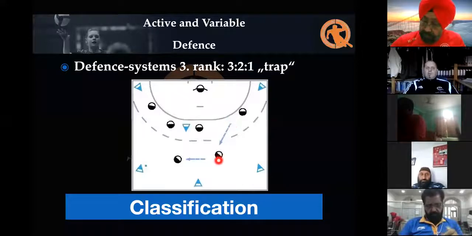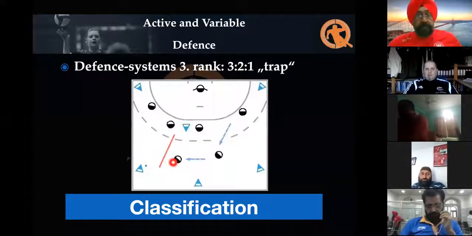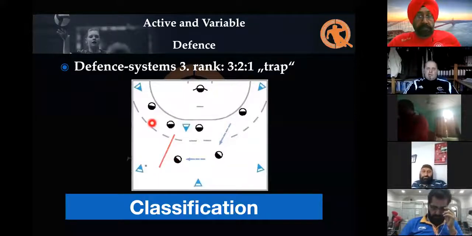So in that moment, just to explain it in that picture, we see the ball possession with the left back player. If the left back player is in ball possession, the point defender is moving to the gap. Again, you see the red line, and close the inside way, guide this player and enforce him to move to that area again.